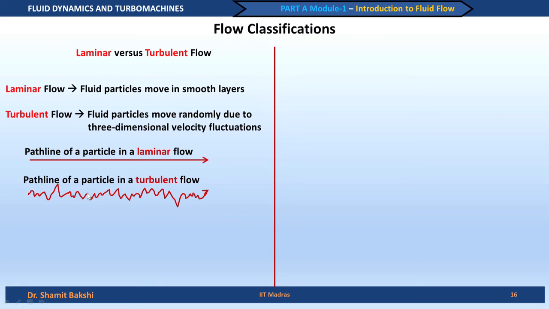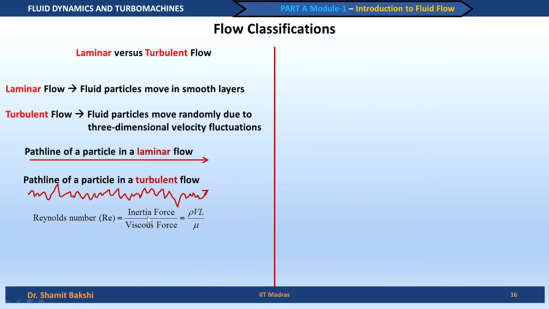Of course, the experiments for this were done by Osborne Reynolds, the pipe flow experiment you may be familiar with. Like we defined Mach number for compressible and incompressible flow, we defined Reynolds number to ascertain whether a flow is laminar or turbulent. The Reynolds number is defined as inertia force by viscous force.